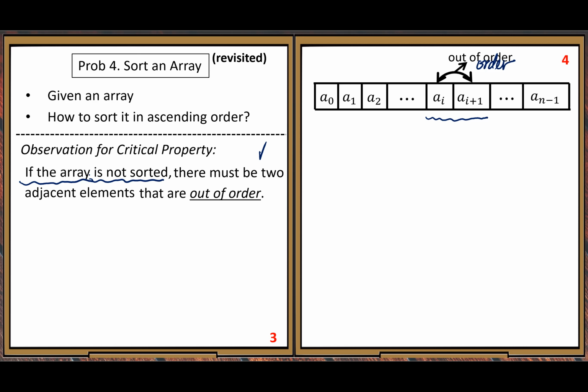Now, if we have this property, we will design an algorithm targeting this property. Here I give you the reference in our textbook.